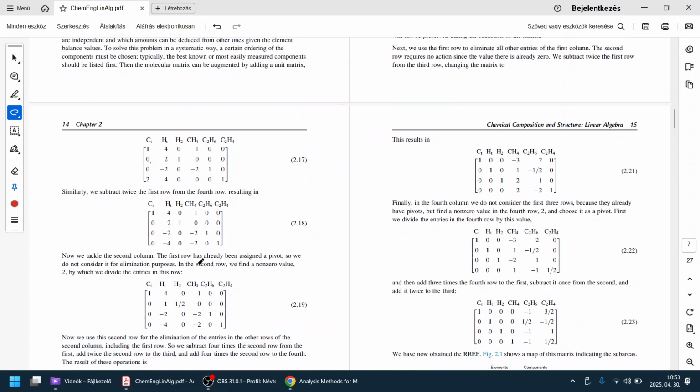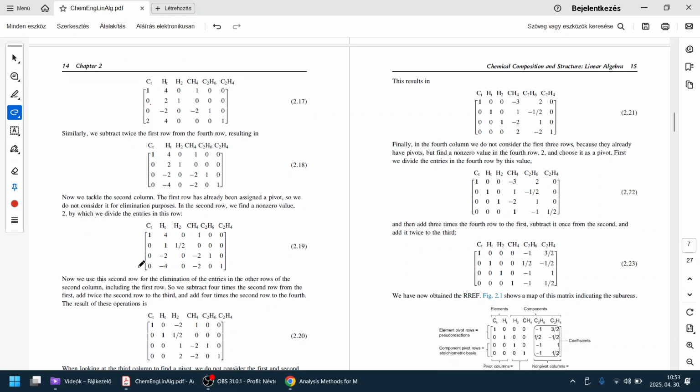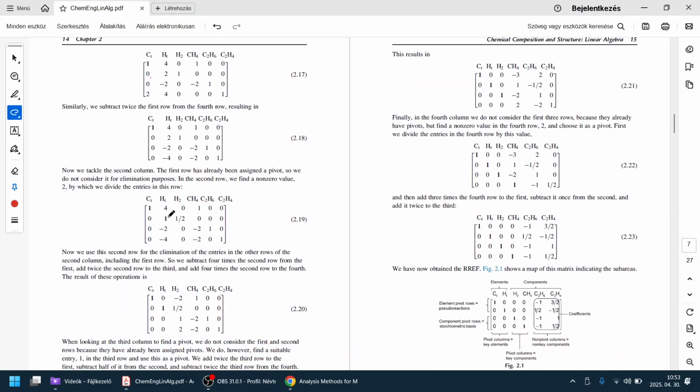Great. So we have this row, we have the result from this, and then just add twice of this row to this row, and 4 times of this row. So if you calculate this, then you get this. You can do the math, and you will have this type of matrix.